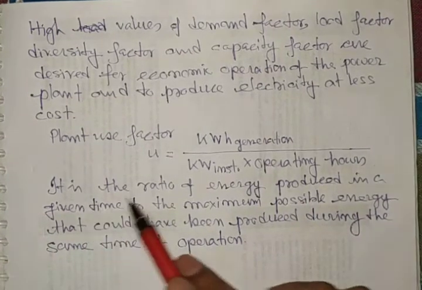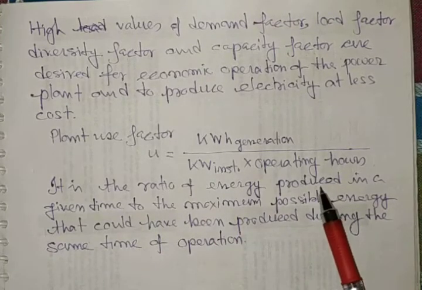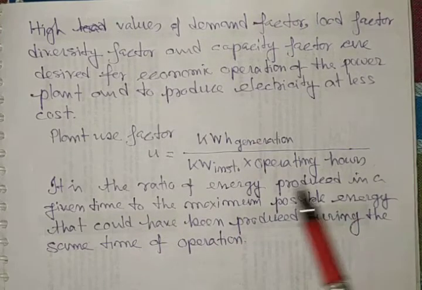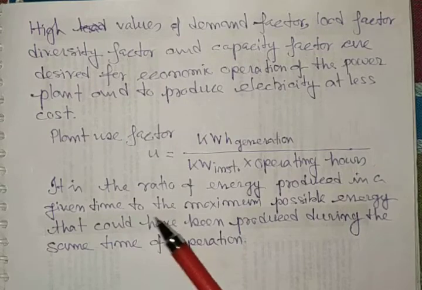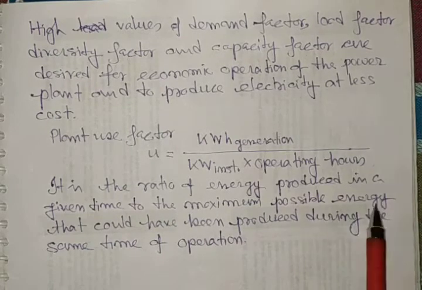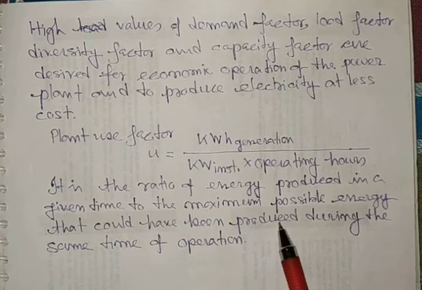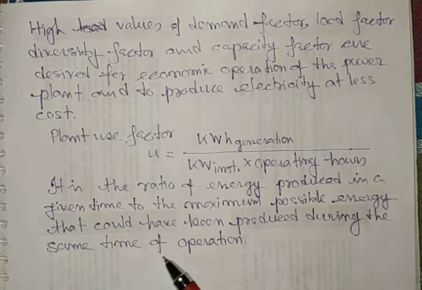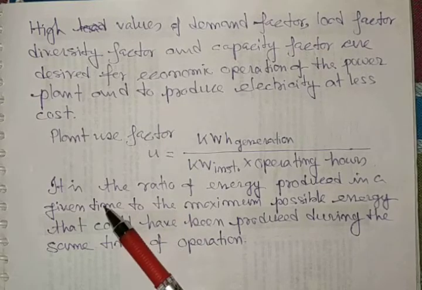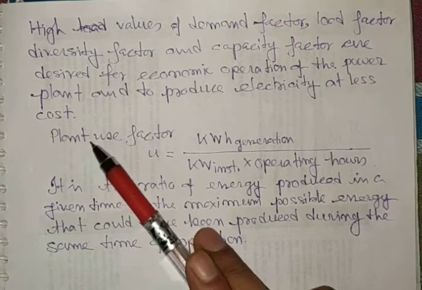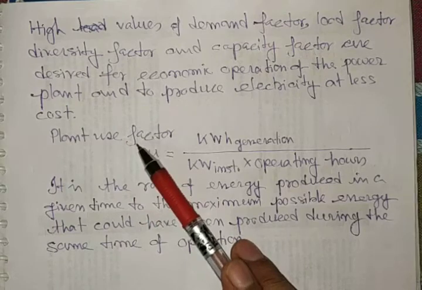So it is the ratio of energy produced in a given time to the maximum possible energy that could have been produced during the same time of operation. So this is plant use factor, or sometimes it is called use factor.